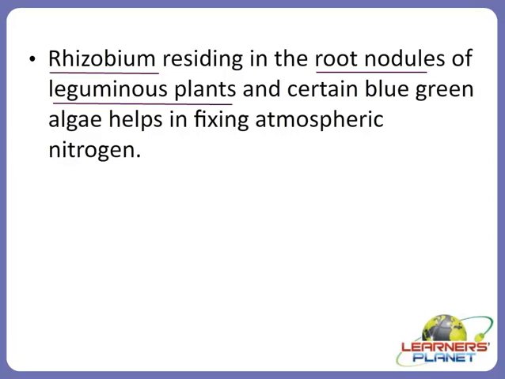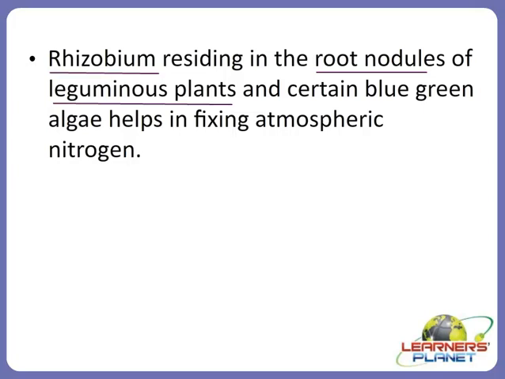Do you know which plants are called legumes? You must have seen the roots of certain plants which have ball-like structures stuck to their roots. Such plants which have these root nodules are the carriers of the Rhizobium bacteria. Can you think of an example? It is like the pea plant. It is an example of a leguminous plant.